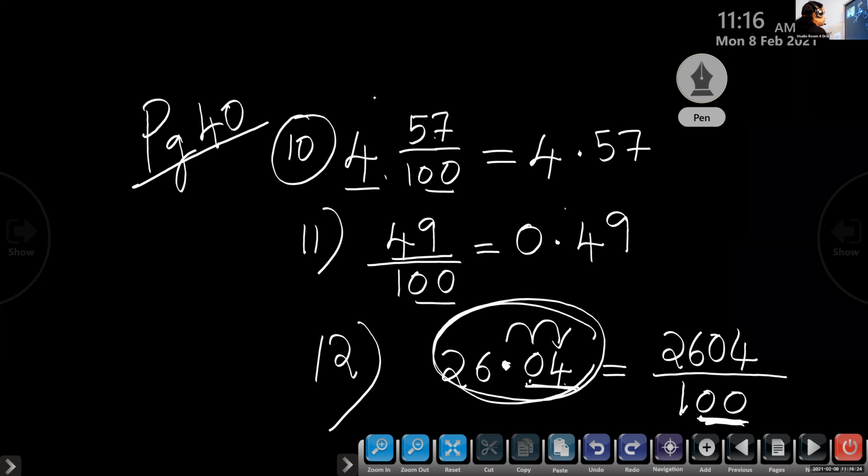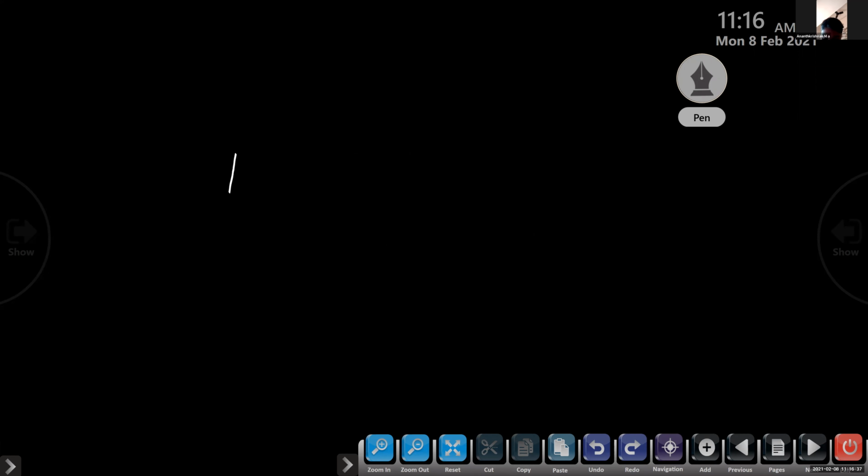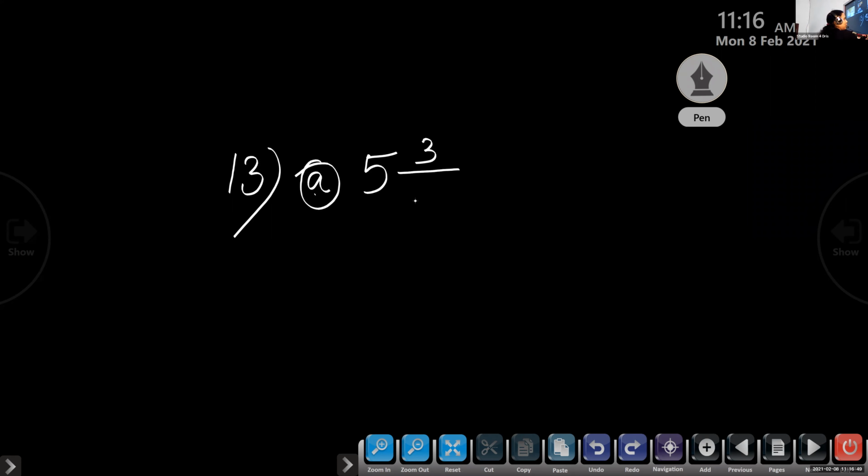Yes, Anandakrishnan, can you read question number 13? Convert the fraction into decimal. Question number 13 A. 5 and 3 by 10. So we have to write this as a decimal number. Look at the whole number.